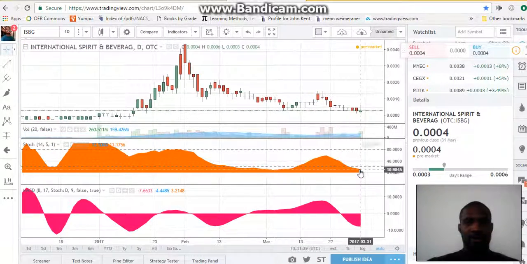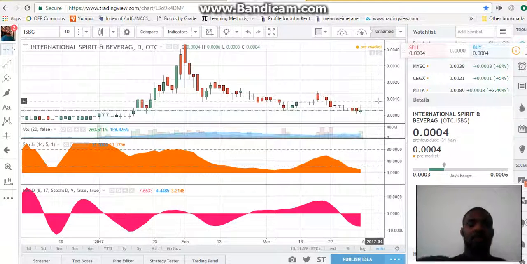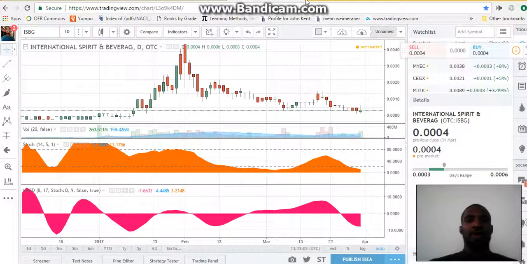Looks like it'll be time to buy in soon. Let's say a good price to get in, maybe down at 0.3 or 0.2 maybe, but 0.3 will be a good place to get in. And then once they both cross again, it should rise up to 0.8 to 0.001, depending on what kind of news comes out.